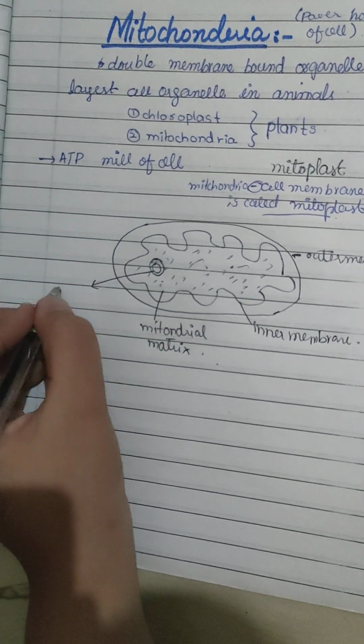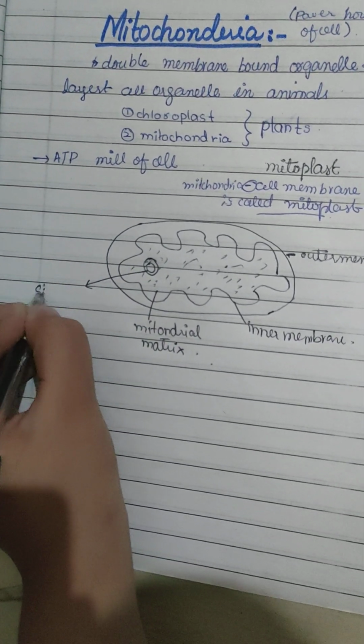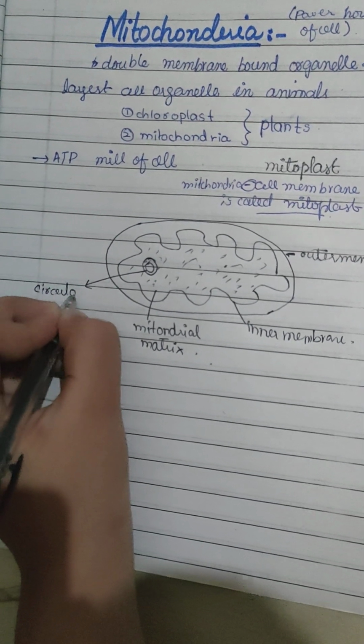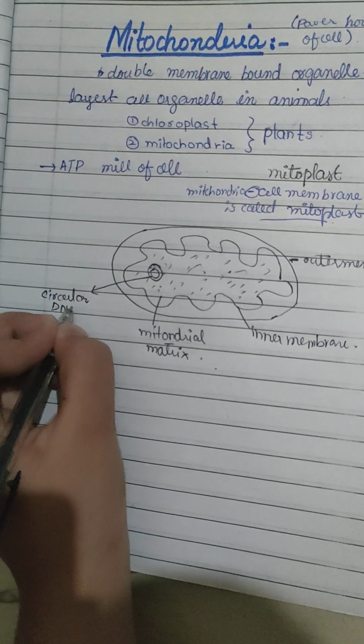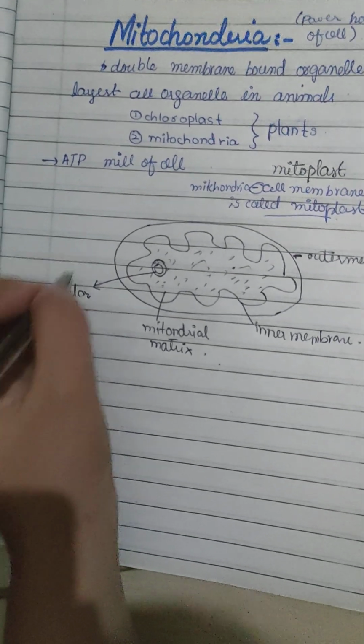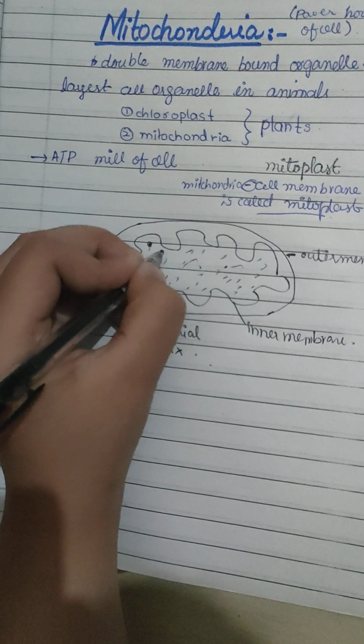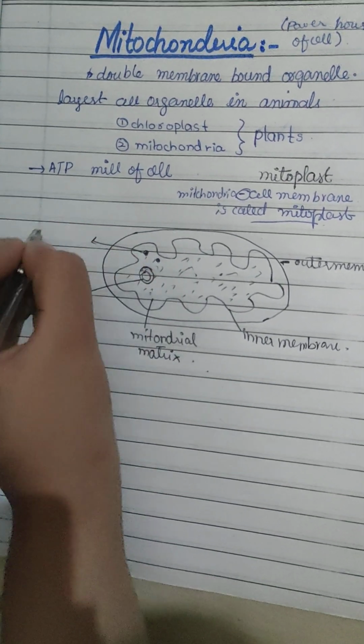One main thing you have to know is that in the mitochondria circular DNA is present, not linear. In human body linear DNA is present, but in mitochondria there is circular DNA. Fine. And here the ribosomes are present. Those are 70S ribosomes.